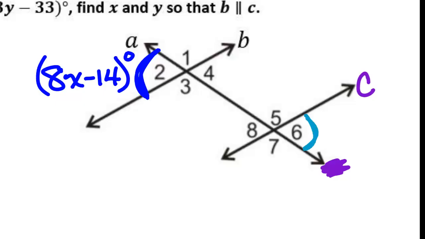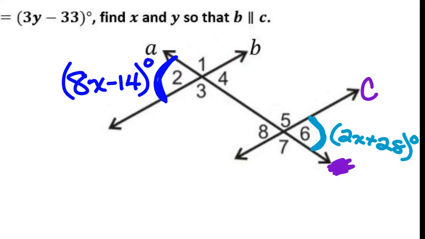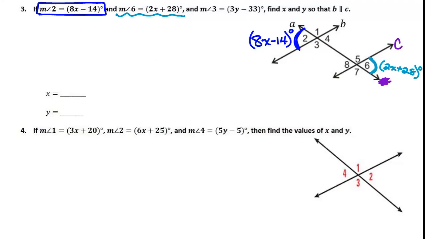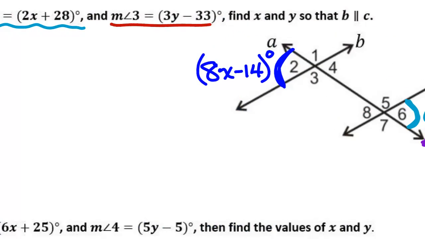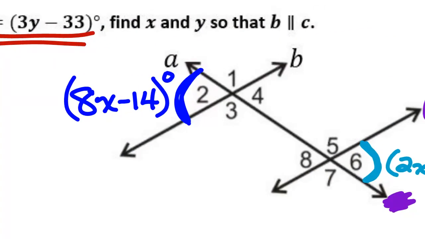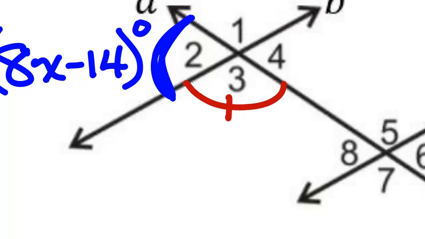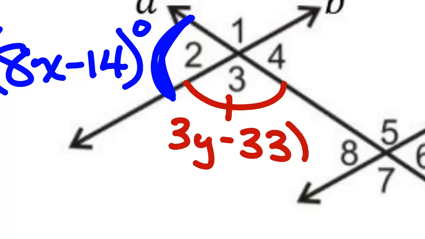Angle 6 is right here, 2x plus 28 degrees. And then angle 3 is 3y minus 33 degrees. So this angle right here, 3y minus 33 degrees.